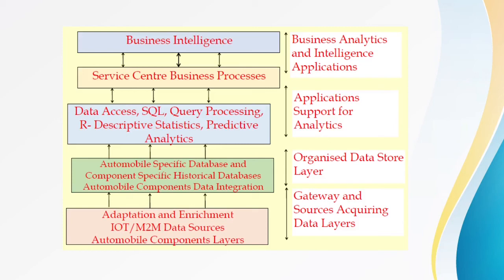It is going to use the data SS, SQL query processing, descriptive statistics, predictive analytics, and an application support layer. If you notice here, the gateway and sources acquiring data layers are here, the organized data store layer is here, then the application support for analytics is here, and the business analytics and intelligence applications here.